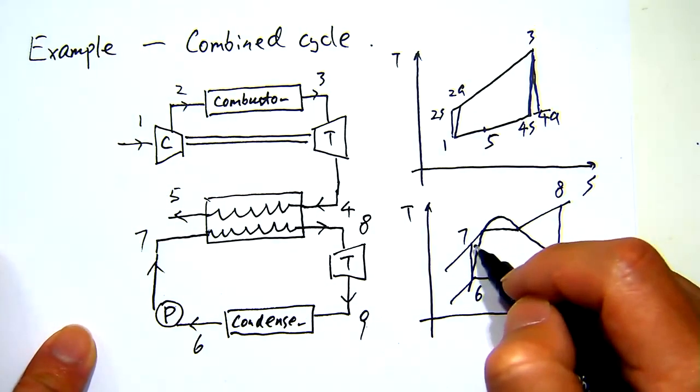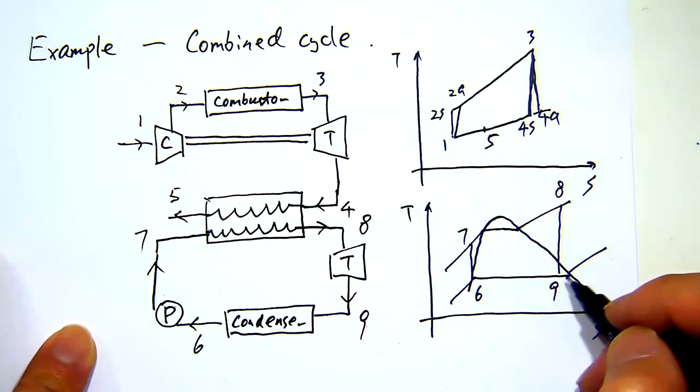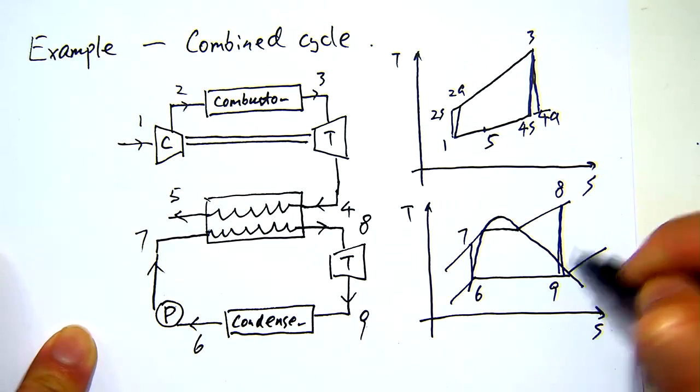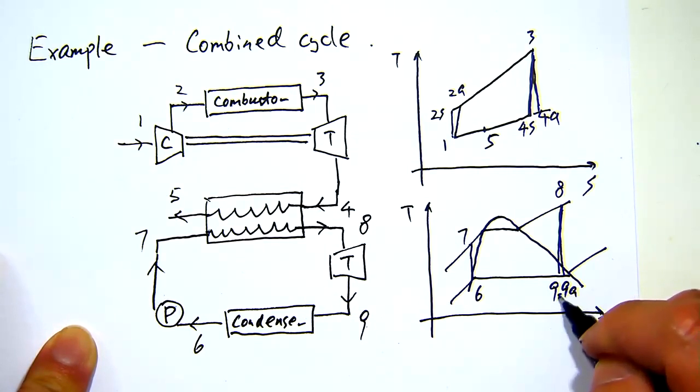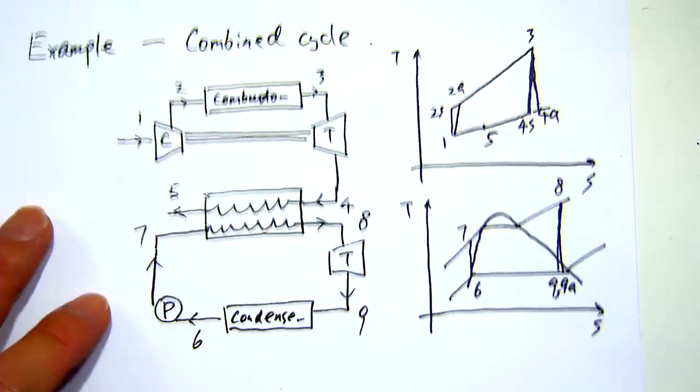So I didn't draw it very accurately. And anyway, so again, the steam turbine is not 100% efficient. So we need to deal with a case which is a little bit tilted to the right. So if that's the 9A, and that's your 9S.